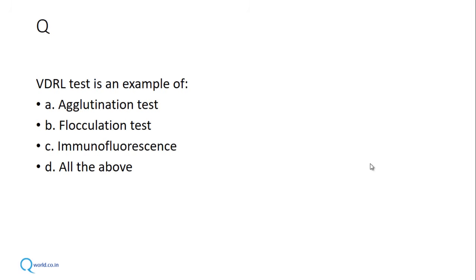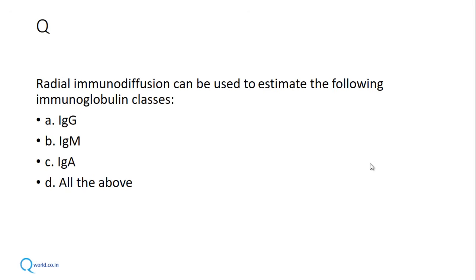VDRL test is an example of, now we know that the VDRL test is used to detect antibodies against syphilis, and it is a slide flocculation test. So yes, it is a flocculation test. Radial immunodiffusion can be used to estimate the following immunoglobulin classes. The best antibody which will give the precipitation reaction is IgG, as we saw in the last question, but that does not mean it cannot detect other immunoglobulin classes.